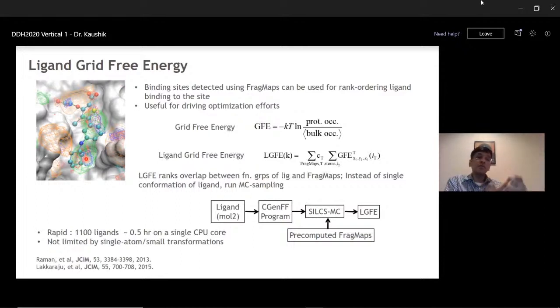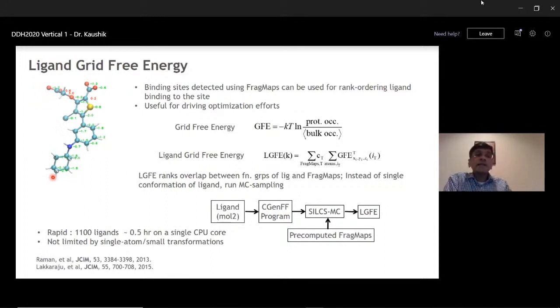If there's a good overlap, you give a good LGFE score. If there's a poor overlap, you assign a poor LGFE score, and you use this for rank ordering. So this is an approach that can be used for efficiently driving an optimization study.